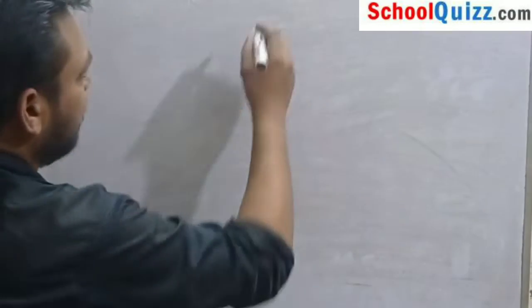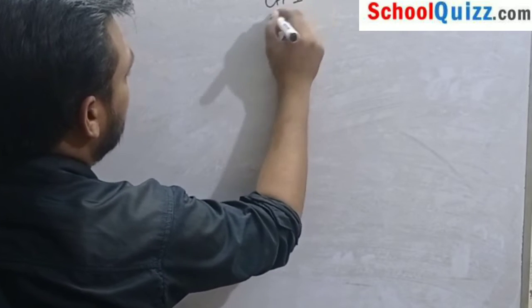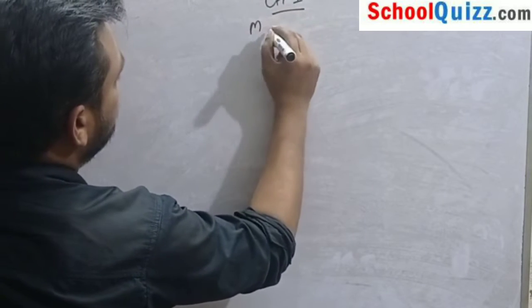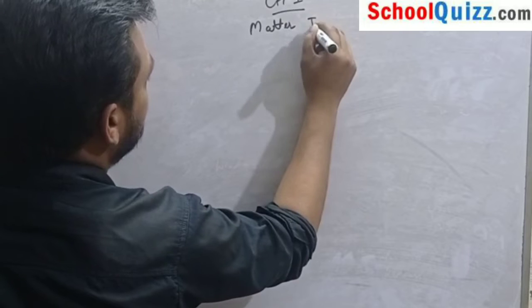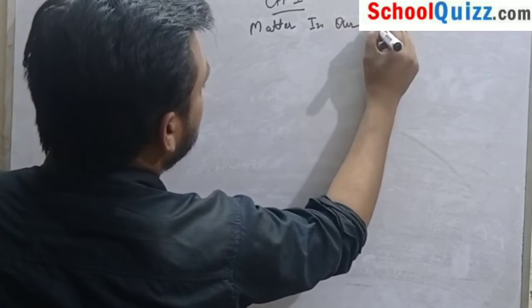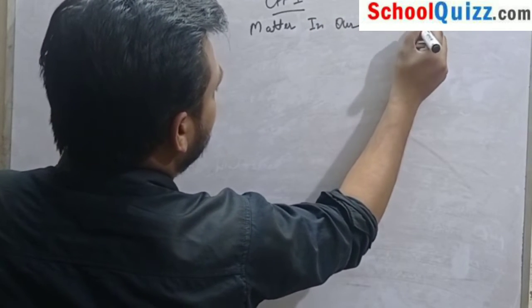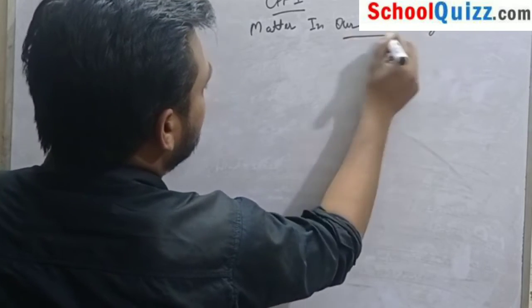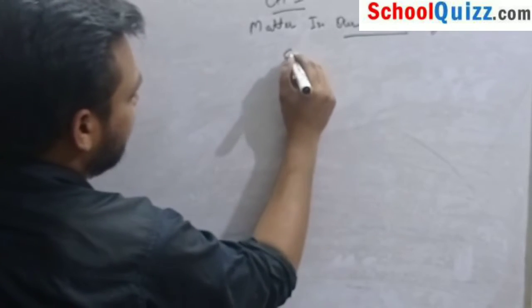So today we will discuss a very important topic, that is evaporation. So let's start. That is chapter number 1, Matter in Our Surroundings, in which we are going to discuss evaporation.